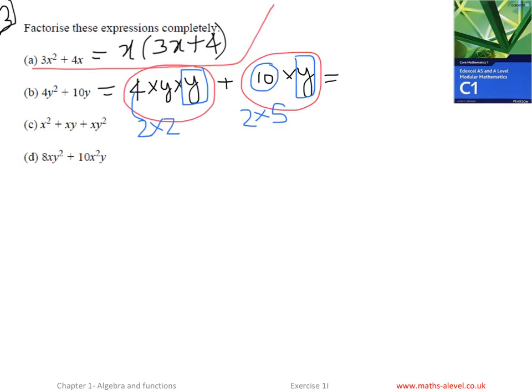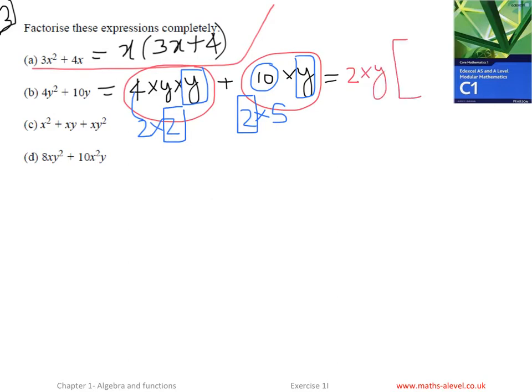Similarly, I can take this 2 and this 2 as a common factor between these two terms. Hence, the common factor is going to be 2 times y.